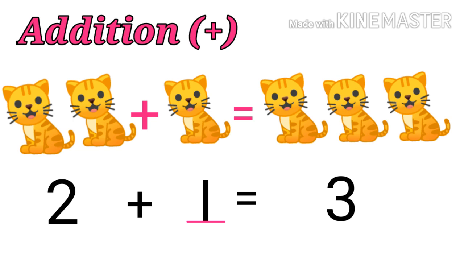Now we will count all the cats in both the groups all together. Let's add these cats. 1, 2, 3. 3 cats. So all together we have 3 cats.